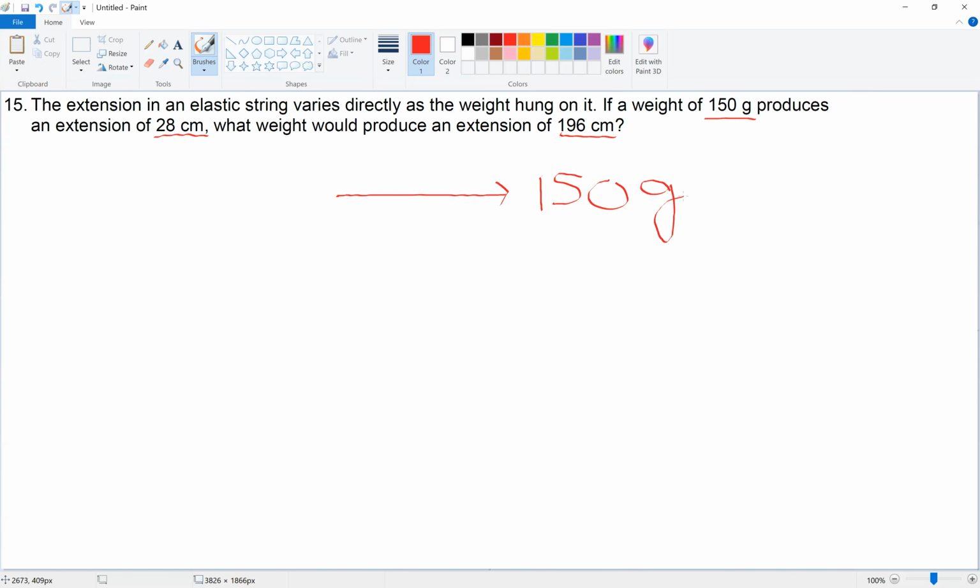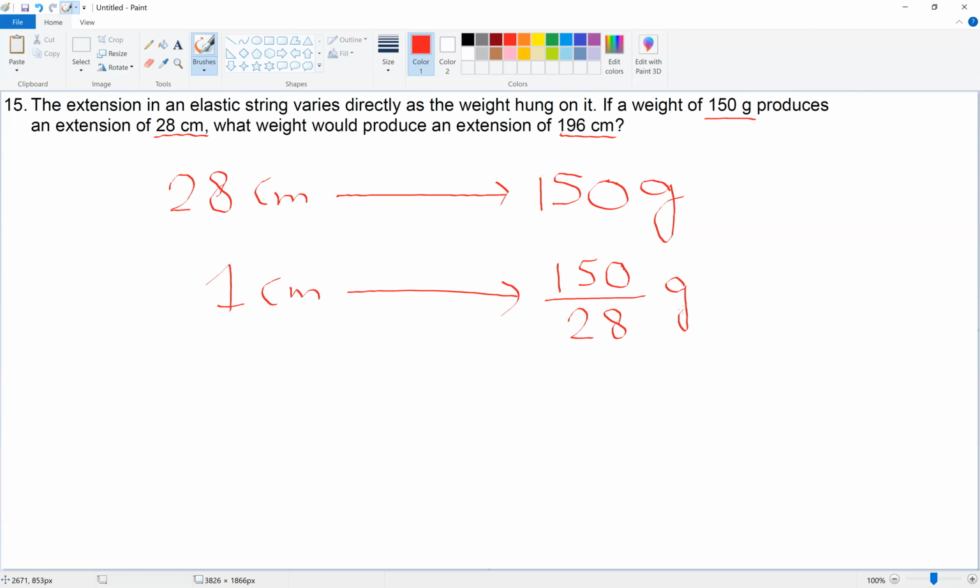And what would be on the left side? The left side would be the centimeters, which is 28. Now do the unitary. What would be the right side? The right side would be 150 grams over 28. And then finally 196.